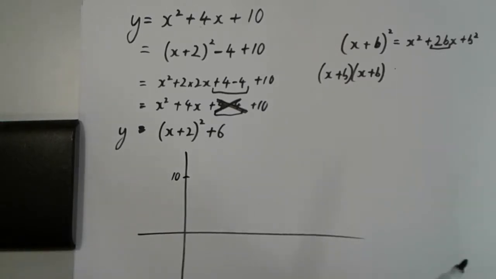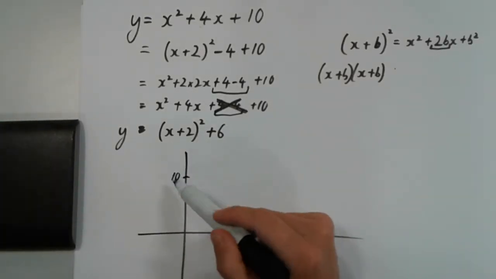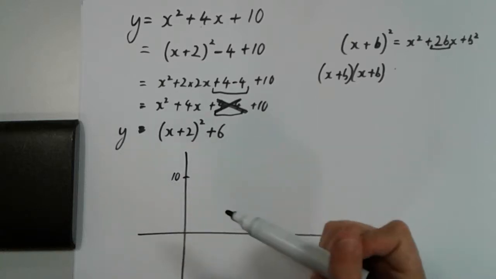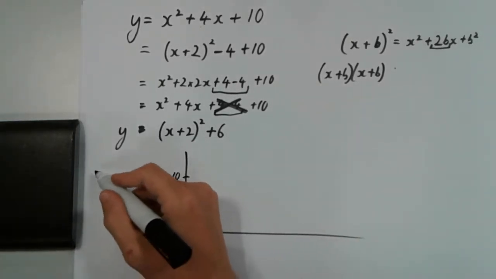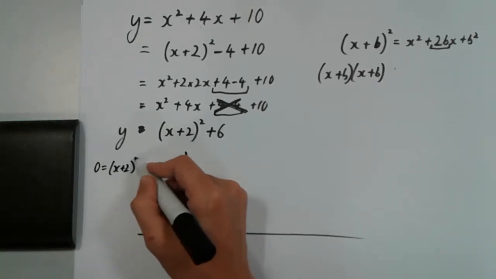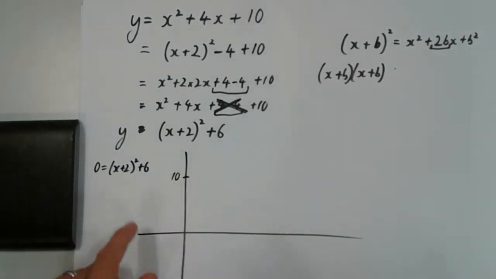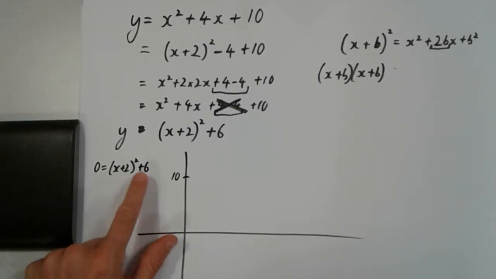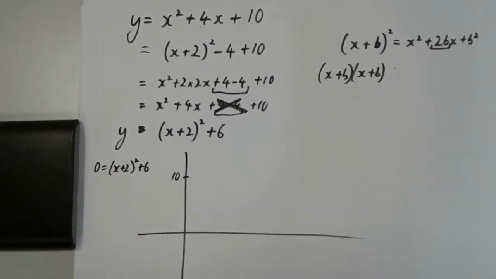But now let's think about what happens when I try to set y to 0. If I tried to set y to 0 here, I would have something squared plus 6 equals 0.